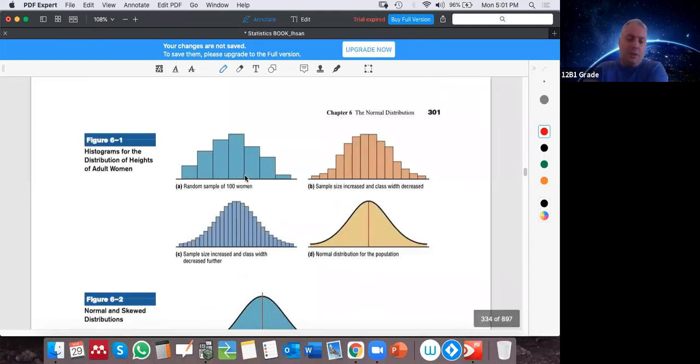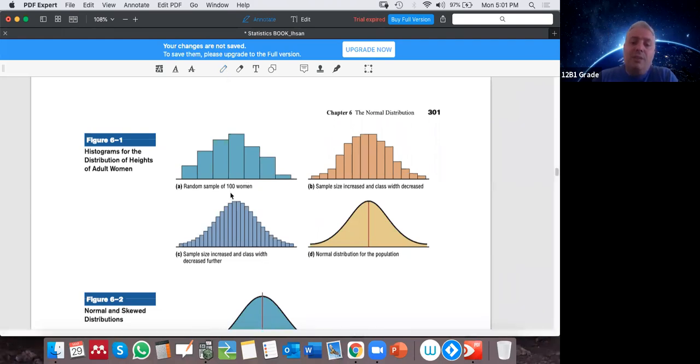So, now normal distribution. What is a normal distribution? In our daily life, things tend to be normal if we enlarge the sample size. I mean, if we repeat any event many times, it tends to have a normal distribution. For example, look at this figure: a random sample of 100 women.